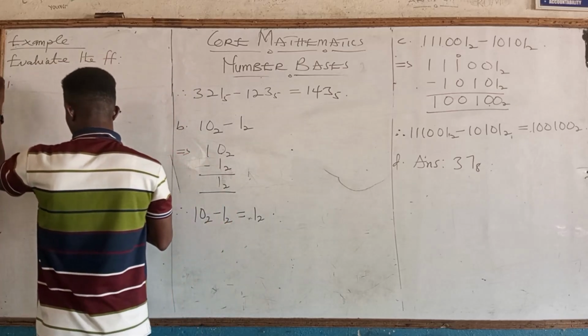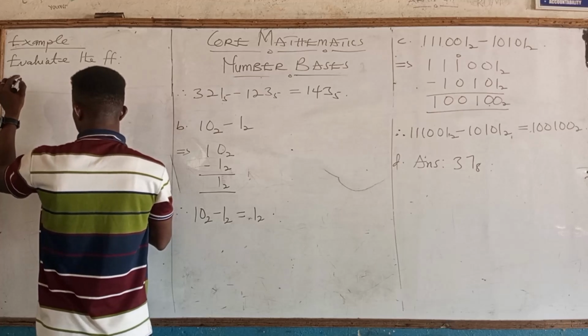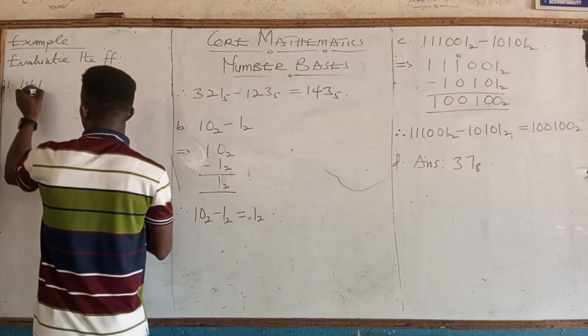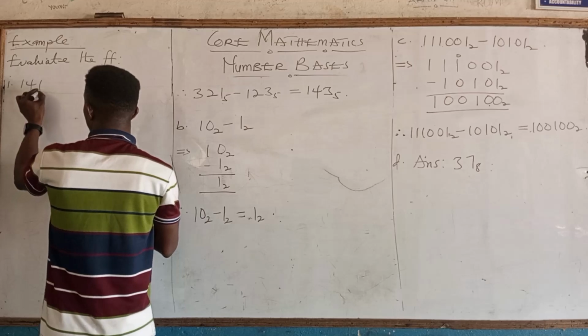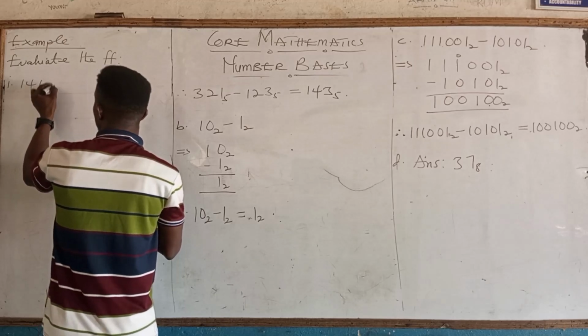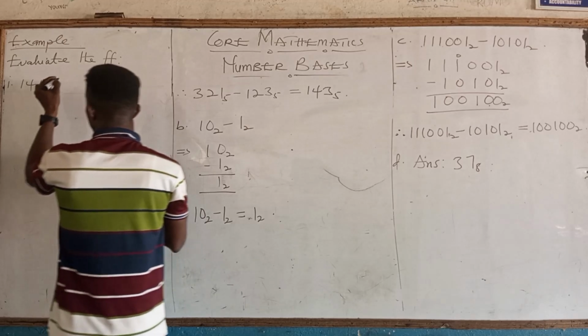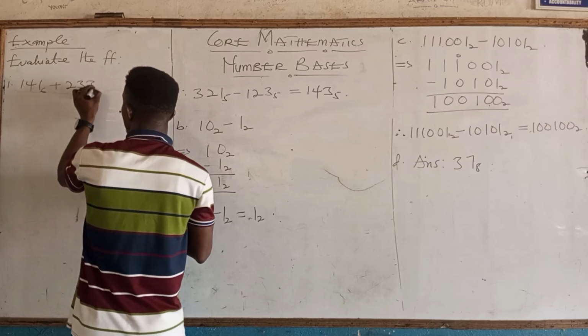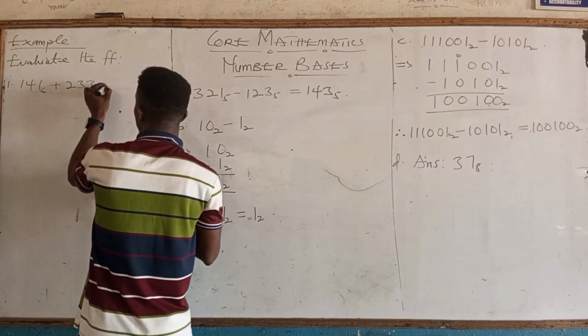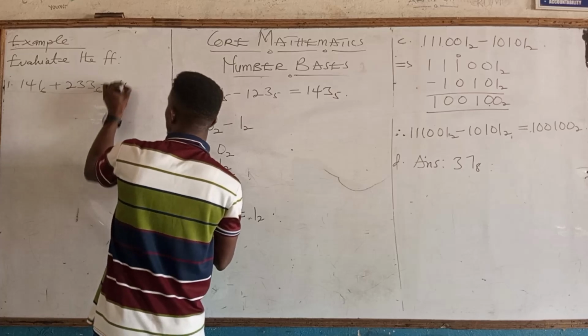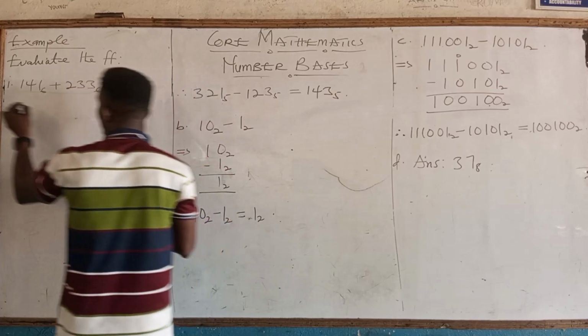I: 141 base 6 plus 233 base 6 minus 102 base 6.